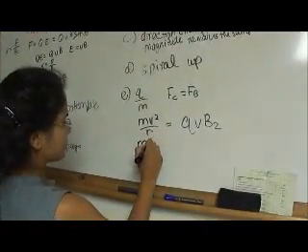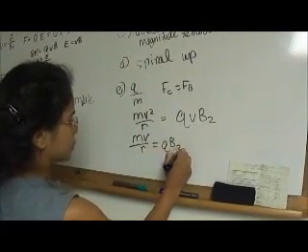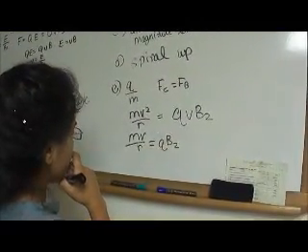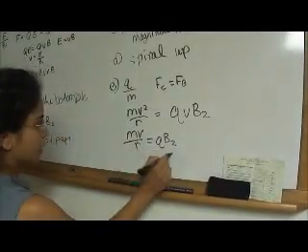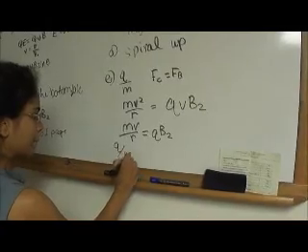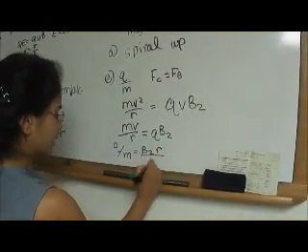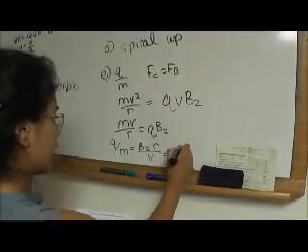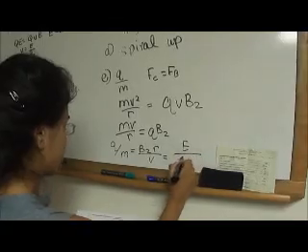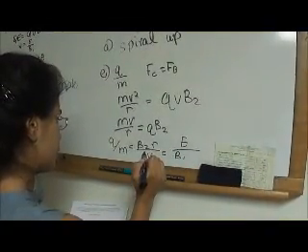And then this becomes mv over r equals QB2. We are looking for a Q over M, so we can divide by M, B2 multiplied by R divided by V.